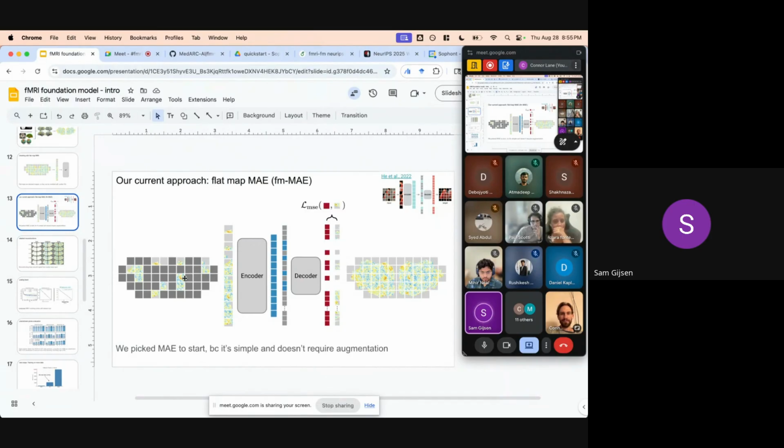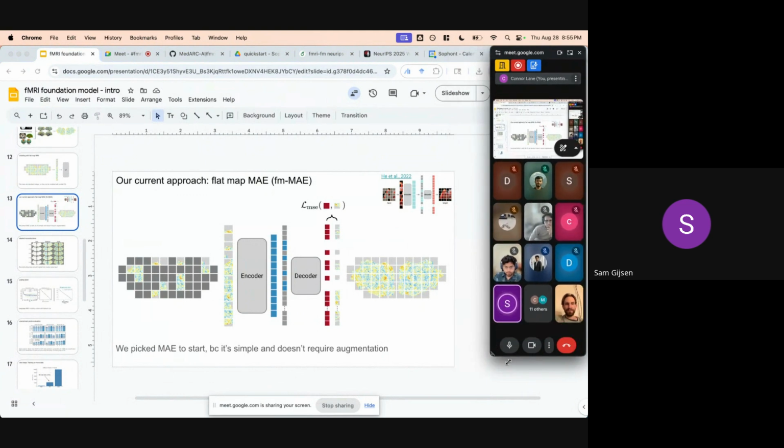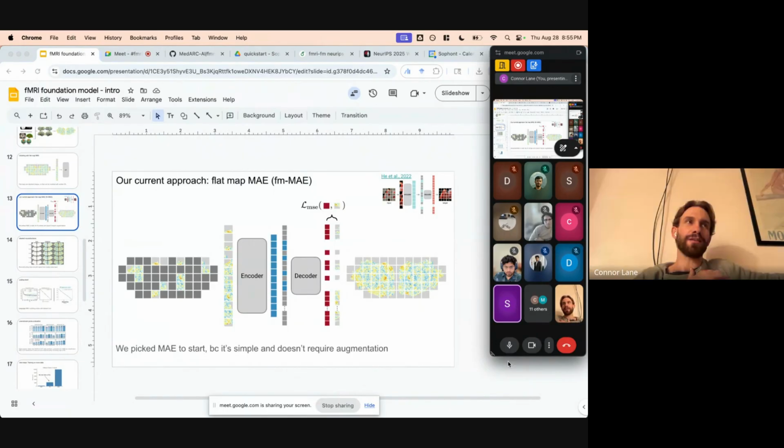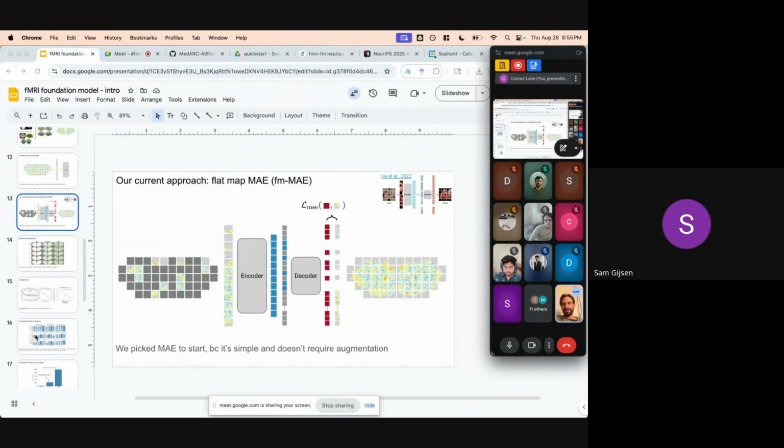Actually, I think it's 16 or so, and at a TR of 2 seconds, you have half a minute basically. And so it was quite nice, but also surprising that performance basically improved the smaller your temporal patch becomes, if I got that right. Were you expecting that, given the BOLD function? I was just wondering what your thoughts were there.